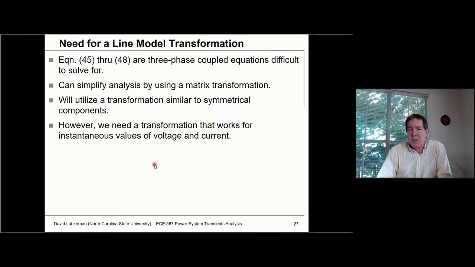We do the same thing here, where we apply a transformation to turn the three coupled sets of equations into three decoupled equations. PSCAD and programs like this do this seamlessly under the hood. You typically don't see much of the detail of what's going on. But this is done using matrix transformations, similar to the matrix transformation for symmetrical components.